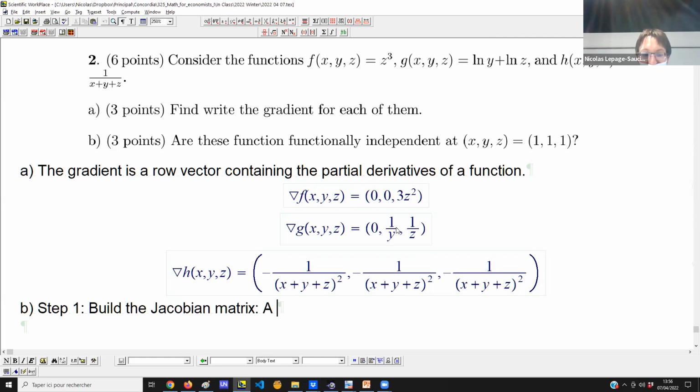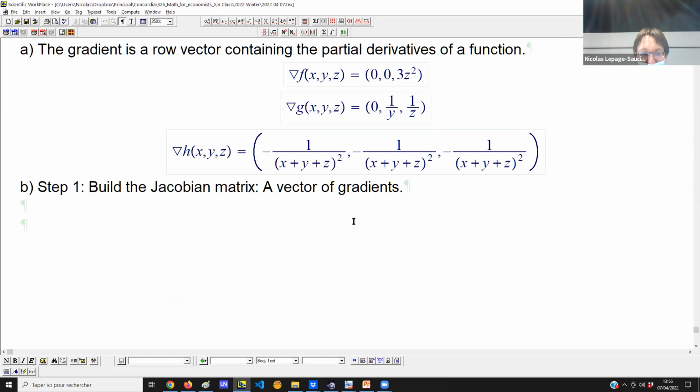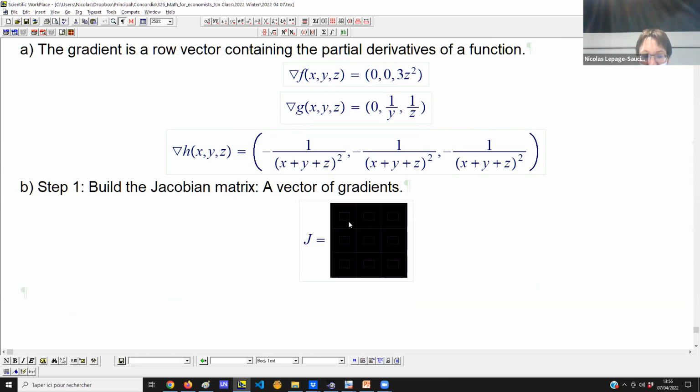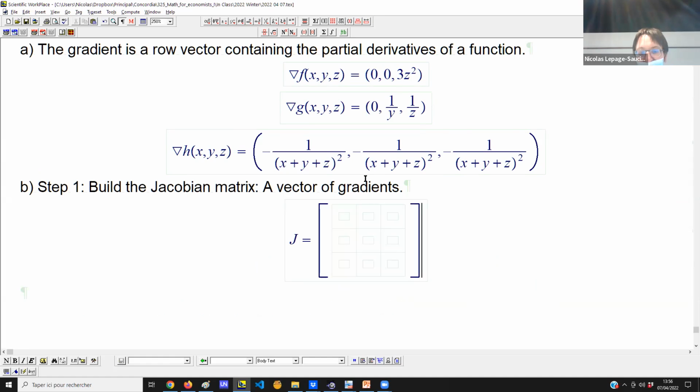of a vector of gradients. You're going to see what we mean by this. We write J equals a 3 by 3 matrix. That's why we write them in rows, because we want to stack them on top of each other.